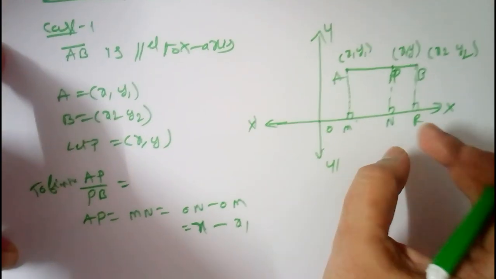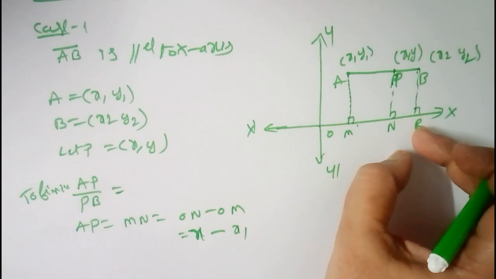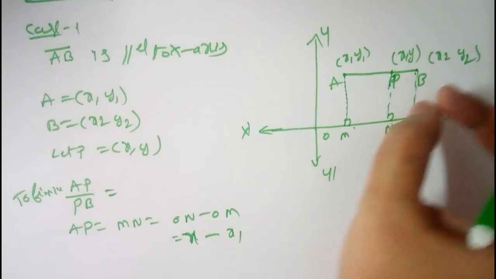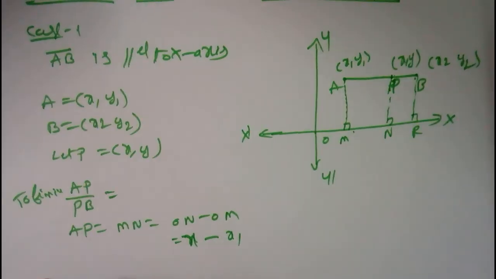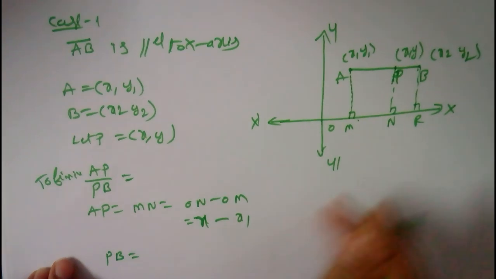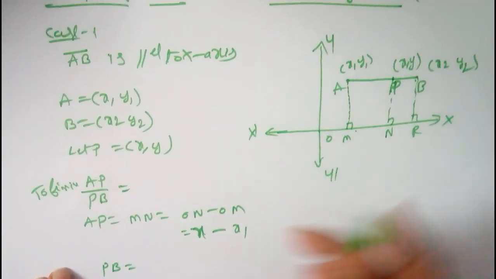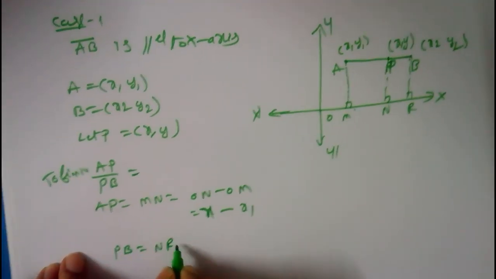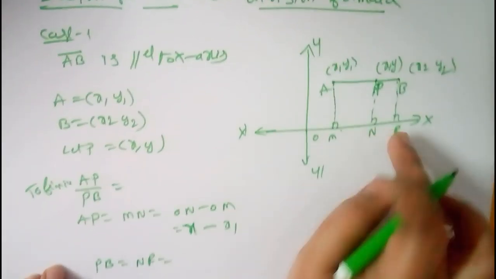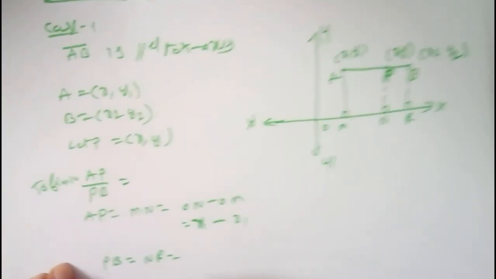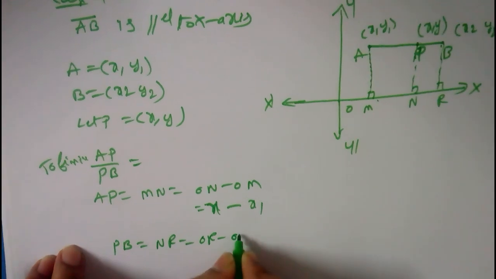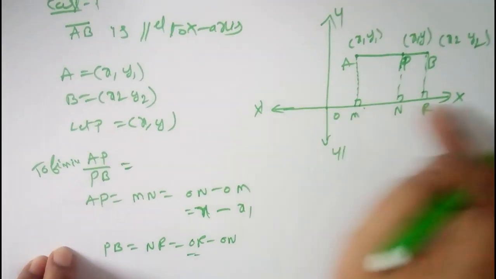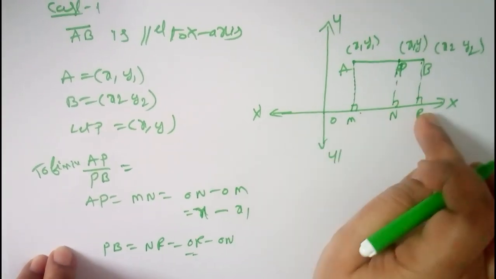Next, the PB value. What is the PB value? PB is equal to NR. That NR is equal to OR minus ON. So what is the OR value?